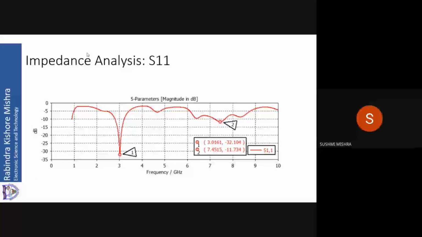Remember, I told you I am considering the GSM 900 band, which is from 830 megahertz to 960 megahertz. Now, when I did this simulation, I found that the S parameter becomes less than 10 dB only at 3 gigahertz or more.